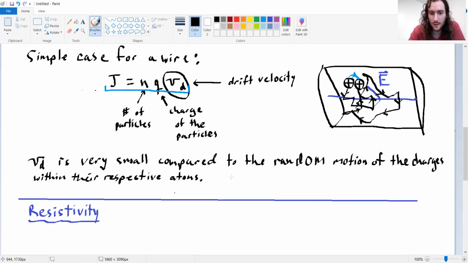Just to give you a sense of the kind of speeds that we're dealing with here. The orbital speed of an electron in a hydrogen atom, calculated classically using Coulomb's law, is roughly 10 to the 6 meters per second.